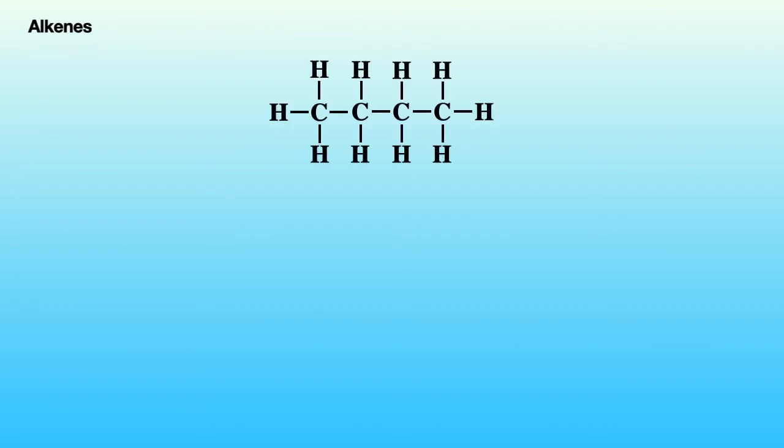Okay, let's move on to alkenes. First of all, I'm going to start with an alkane, so that we can compare the two. We're going to start with butane. 4 carbons, 10 hydrogens. And there's the shortened structural formula of butane.